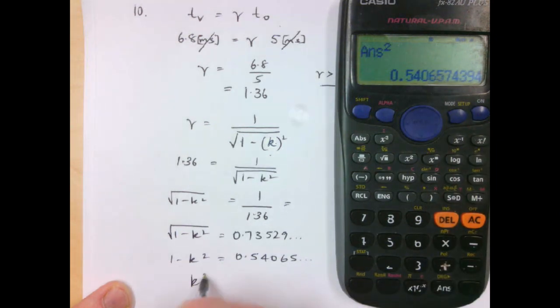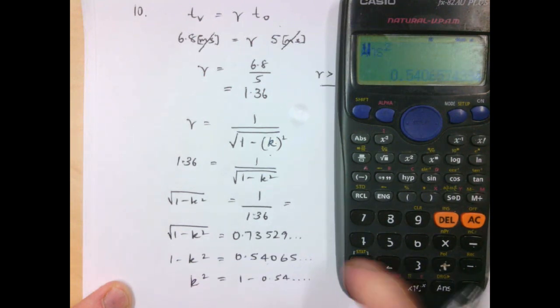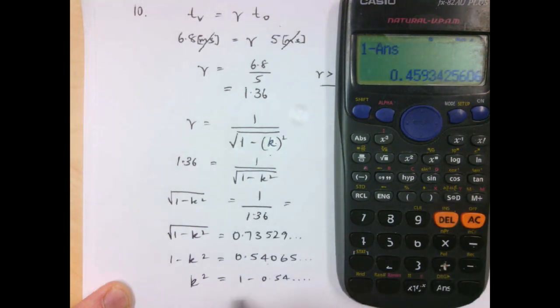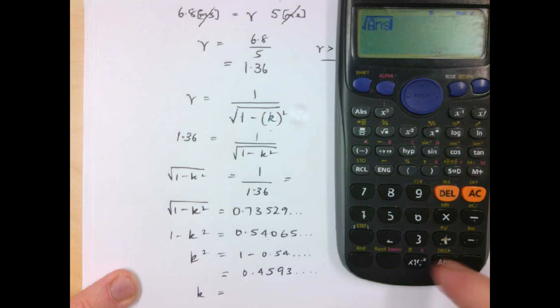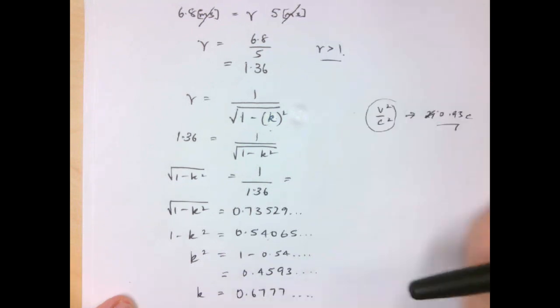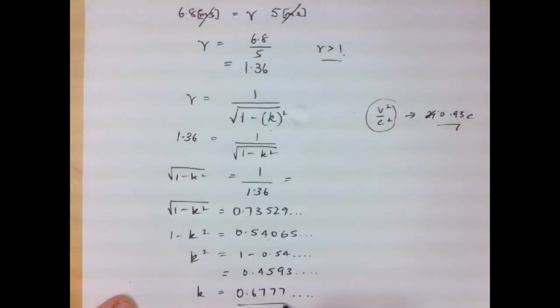That gives us k squared would be 1 minus 0.54 and so on, so 1 minus this value is equal to k squared, which would equal 0.4593. Finally giving us k as the square root of that number, which is 0.6777. And that gives us the decimal of the speed of light.